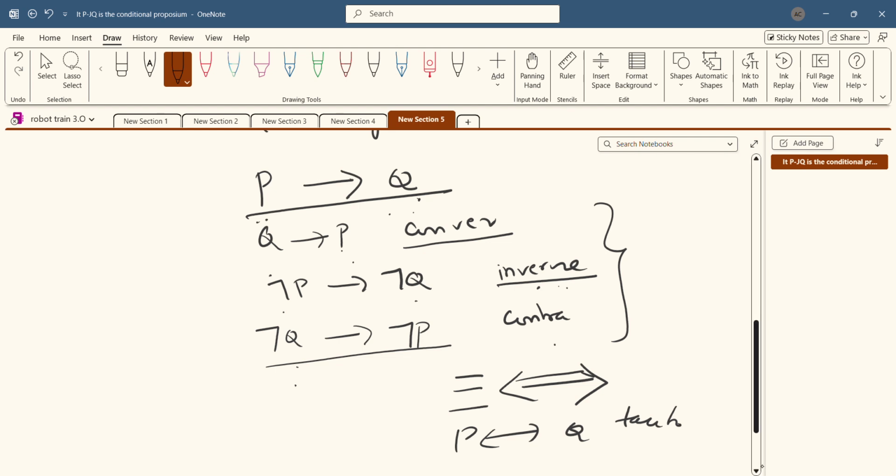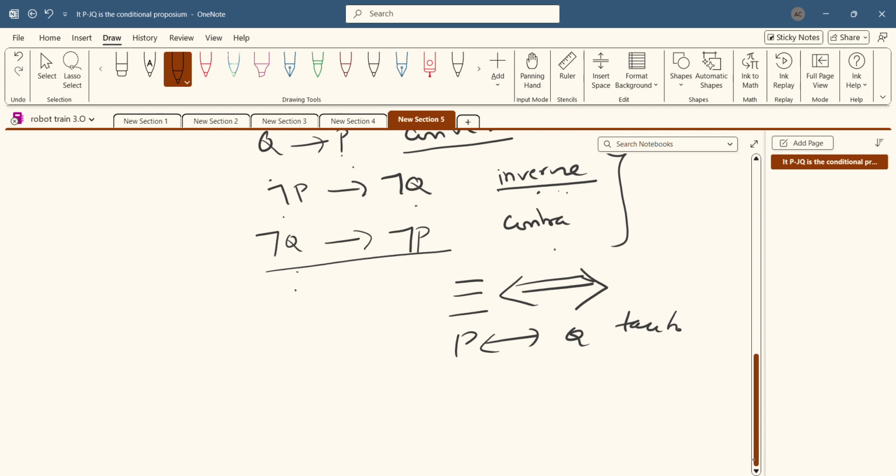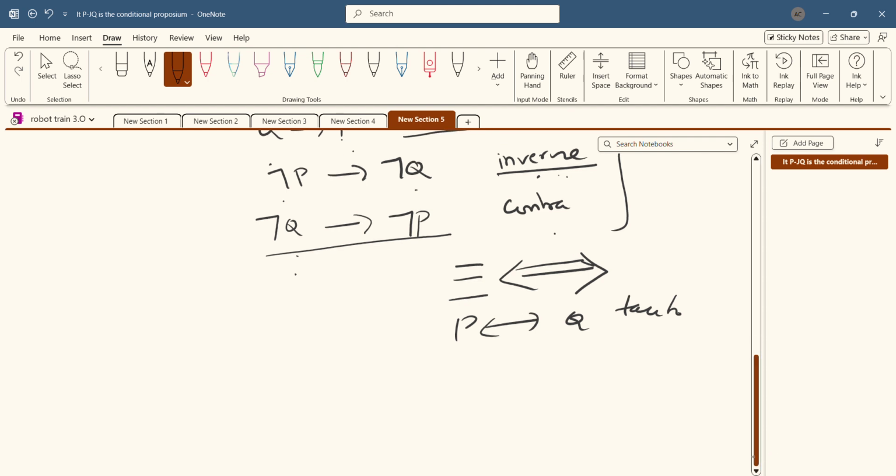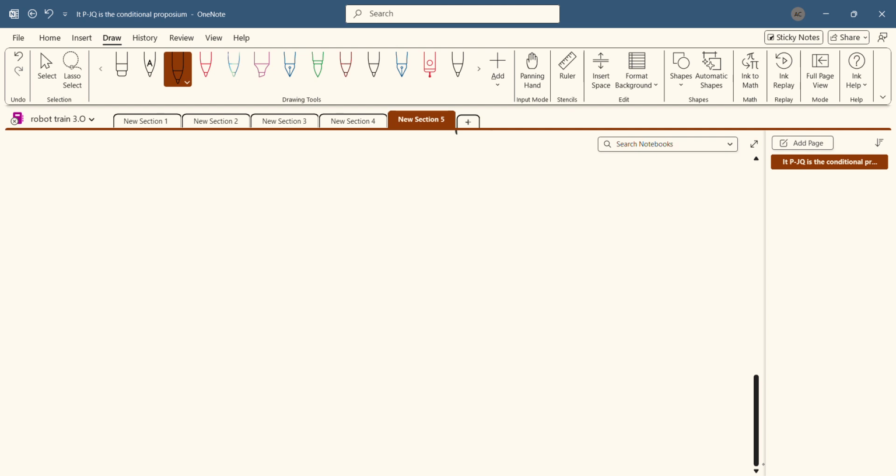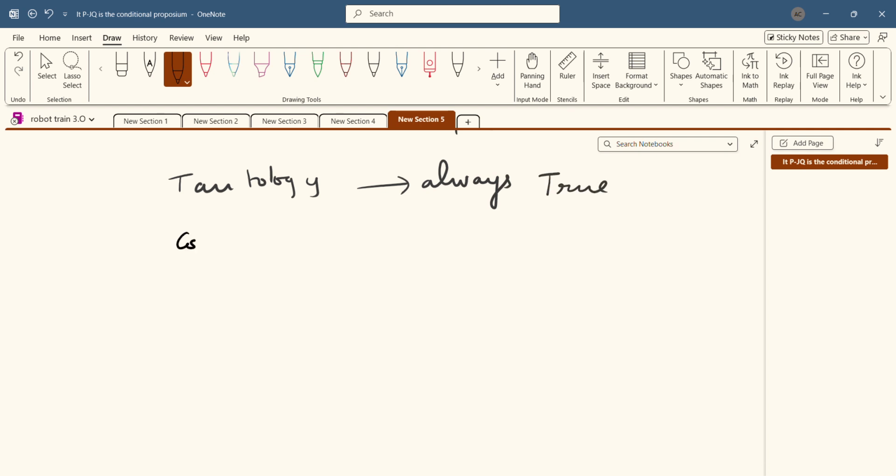Before we enter into logical equivalence, we talk about the three different types of propositions. Number 1, tautology. Number 2, contradiction. Number 3, contingency. The very first one is tautology. A proposition which is always true, we call it a tautology. Second one, contradiction. A proposition which is always false, we call it a contradiction.